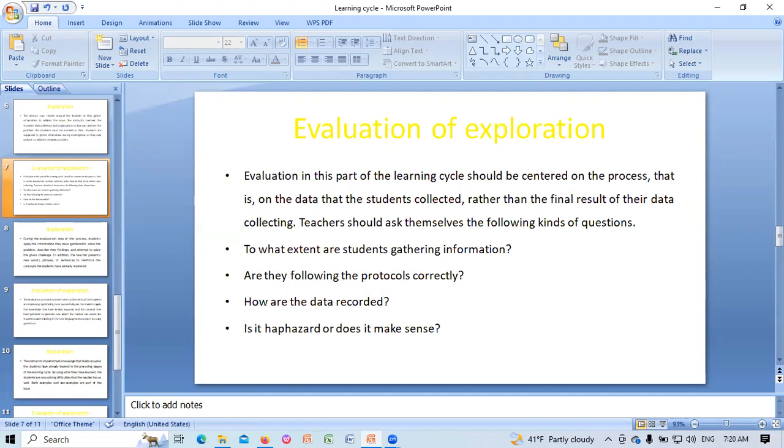Are they following the protocols correctly in the collection of data? How are the students' data recorded? Is it haphazard or does it make sense? These are the questions you should ask in the evaluation of exploration.